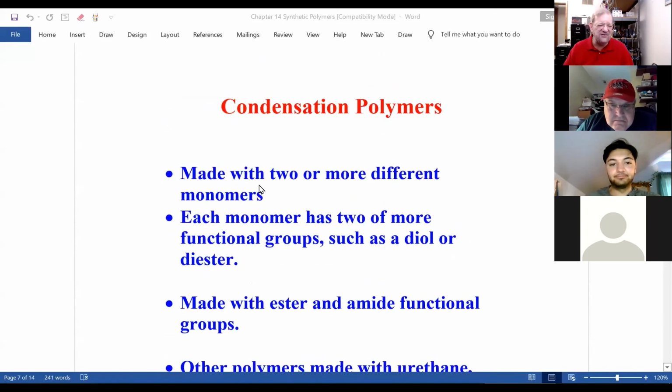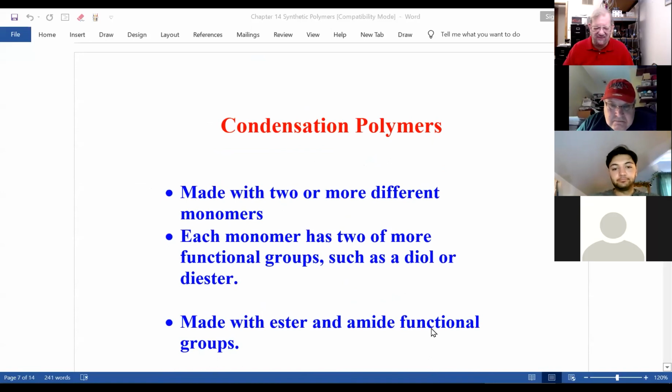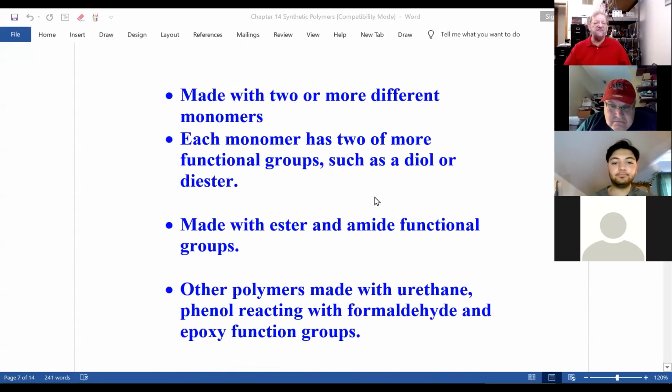Now, let's go back and talk about condensation polymers. They're made with two different types of monomers. Each monomer has two or more functional groups. The usual functional groups that you make condensation polymers with are esters and amides, and you know how to make an ester.